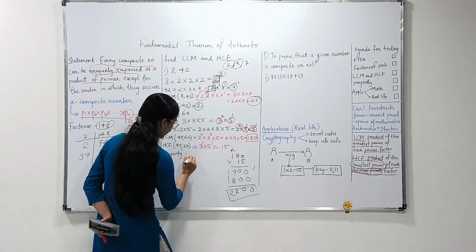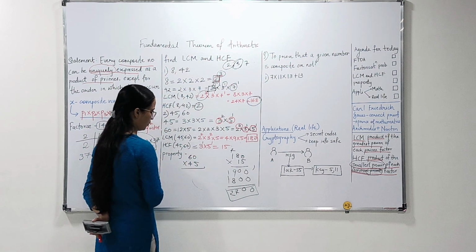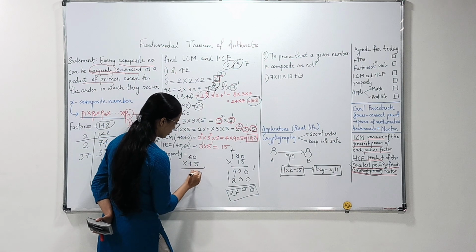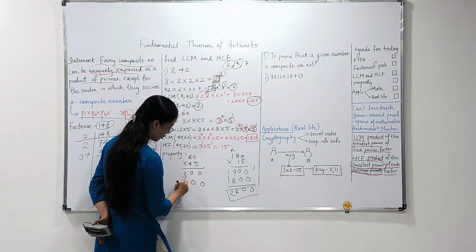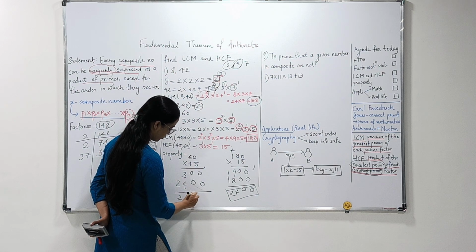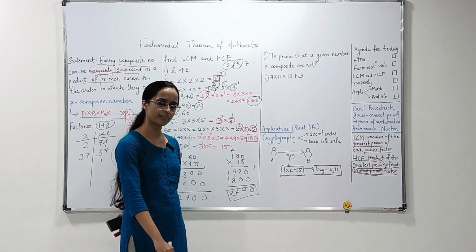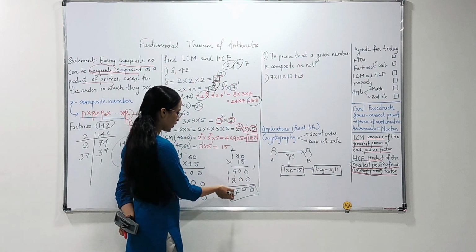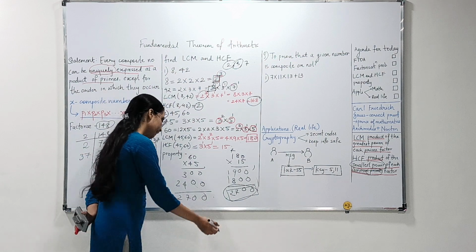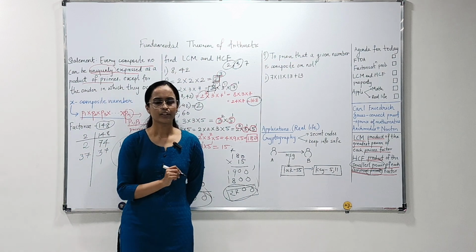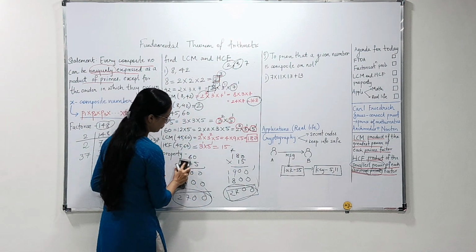Now let us calculate the product of both the numbers. So 60 into 45. What do you observe? Again, here the product of the LCM and HCF of both the numbers is 2700 and the product of both the numbers is again 2700. So what can you conclude with this? I'll tell you.